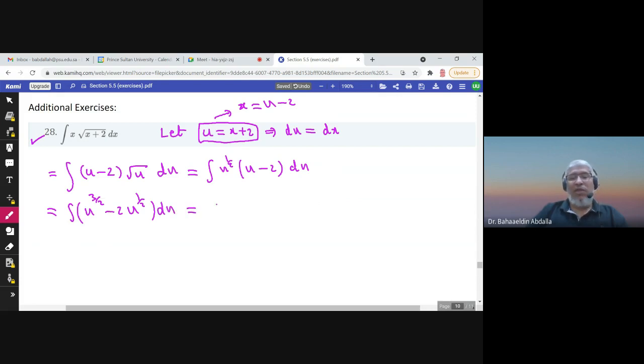The integral of this is u to the power 3 over 2 plus 1, 5 over 2 over 5 over 2, or times 2 over 5, minus 2. The integral of this is u to the power half plus 1, which is 3 over 2 over 3 over 2, or times 2 over 3 plus c.